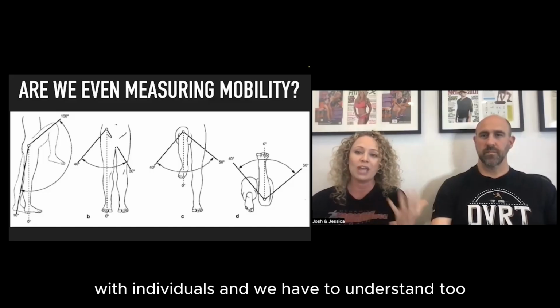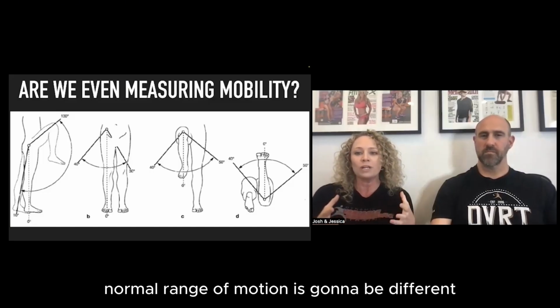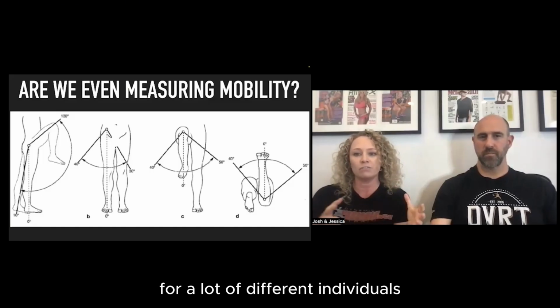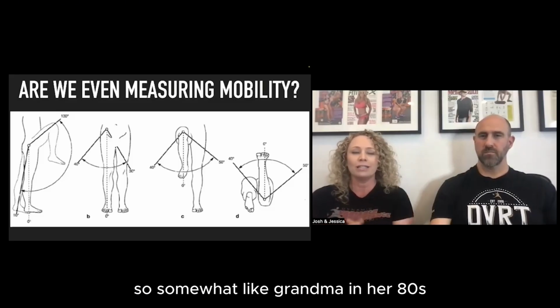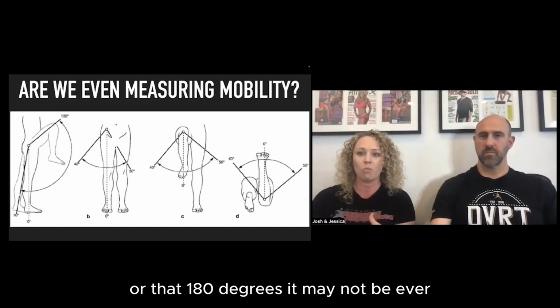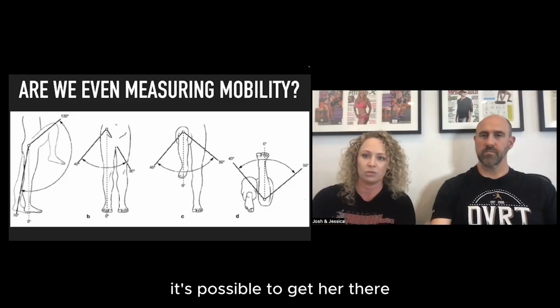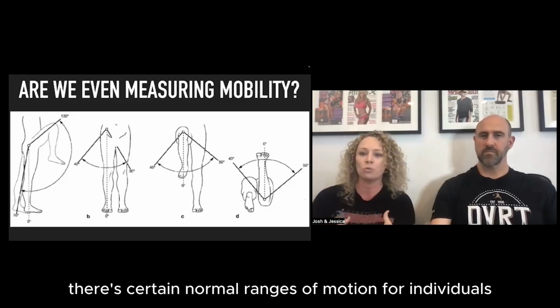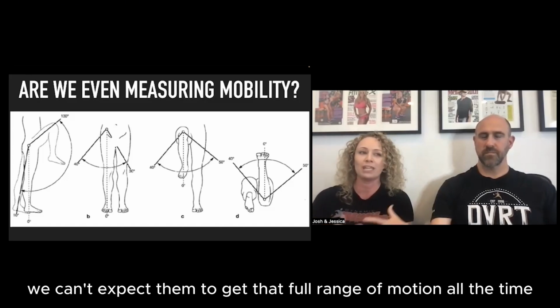And we have to understand too, normal range of motion is going to be different for a lot of different individuals. So someone like grandma in her 80s might not be able to get her shoulder full flexion, or that 180 degrees. It may not be ever possible to get her there. So we have to understand that there are certain normal ranges of motion for individuals, and we can't expect them to get that full range of motion all the time.